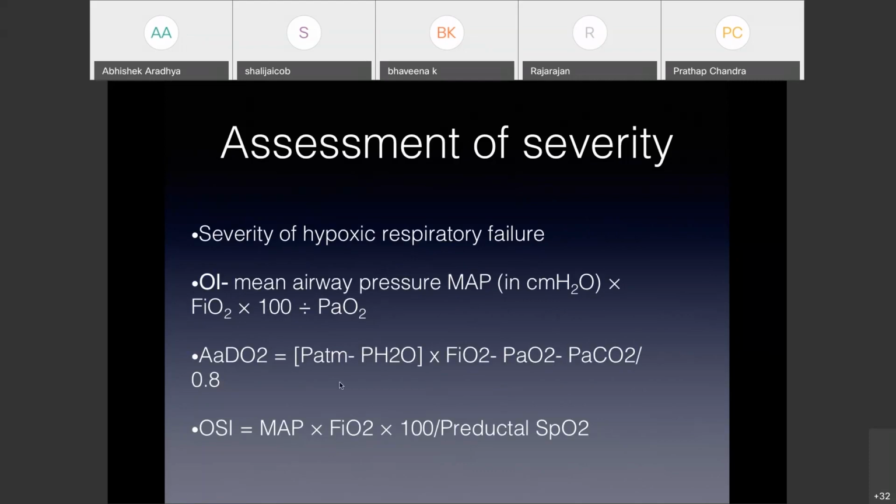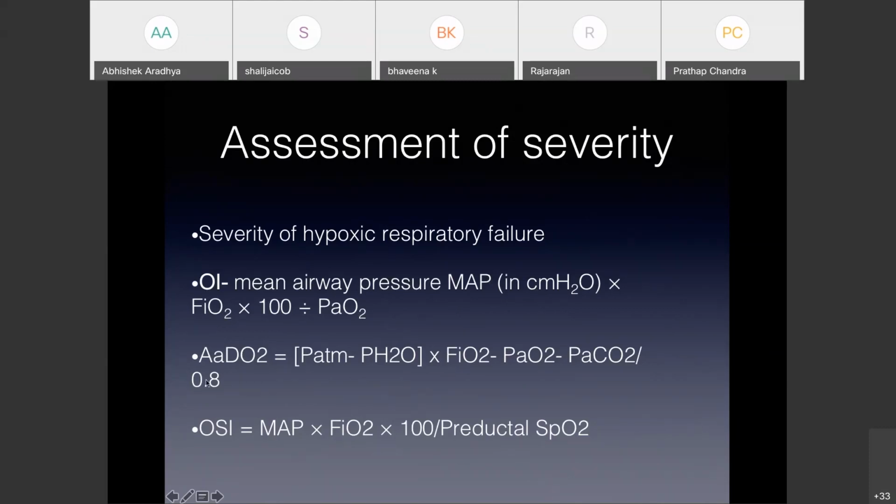So this is calculated by mean airway pressure, which you will be looking at your ventilators to get the information, times your FiO2. FiO2 is your fractional inspired oxygen, times 100, divided by your PaO2 in millimeters of mercury. So it gives you the oxygenation index.